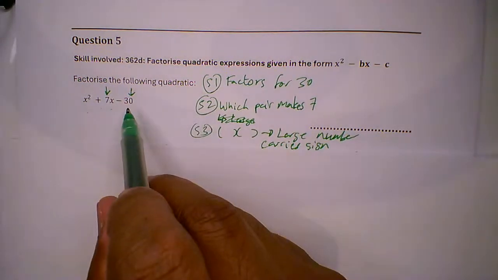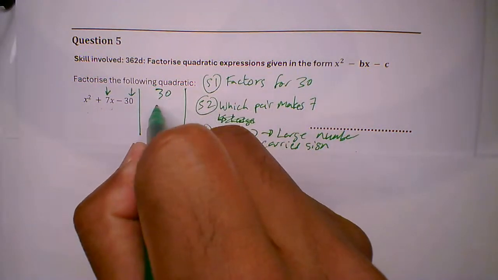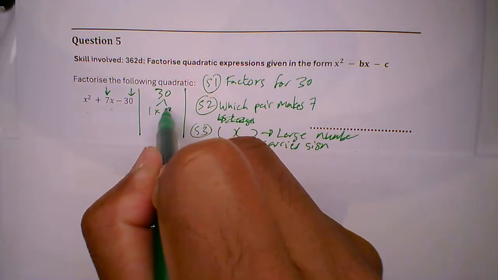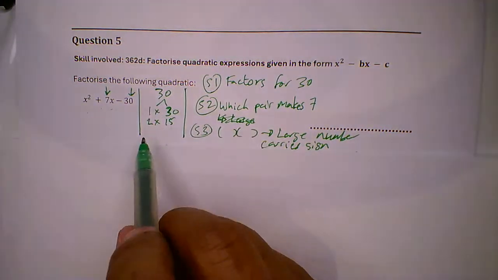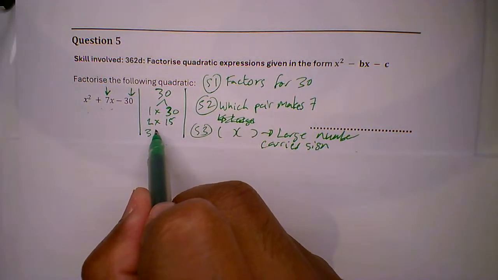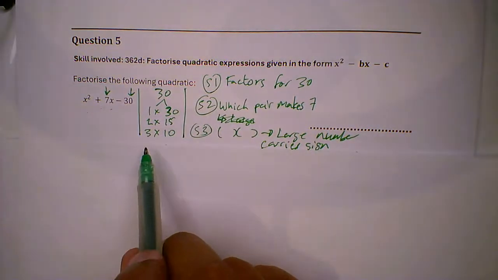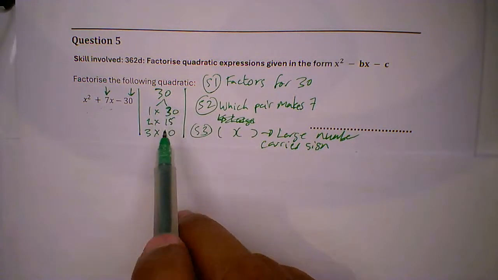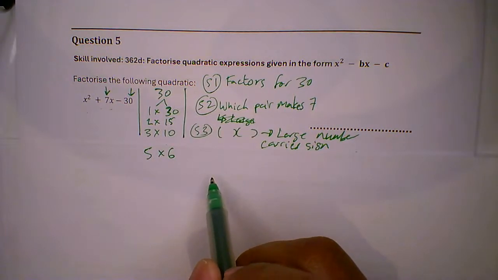Okay, so what makes 30? 30 is 1 times 30, 2 times 15, 3 times 10. Anything else? 4 doesn't go in, 5 does go in. 5 times 6. Anything else?